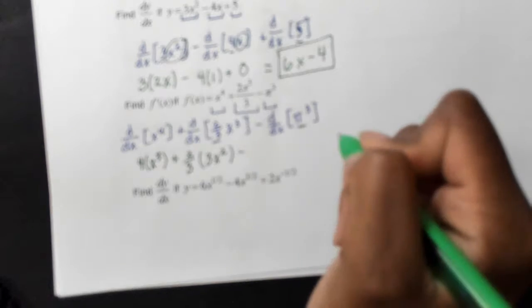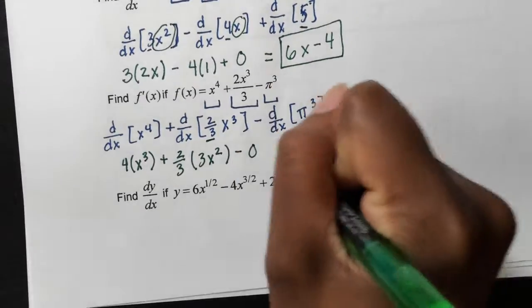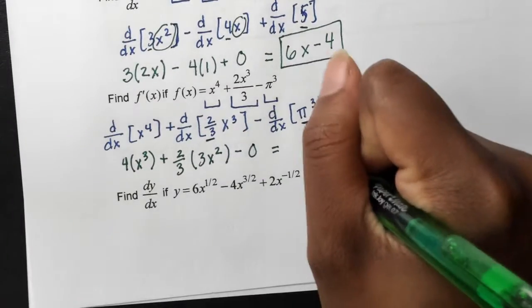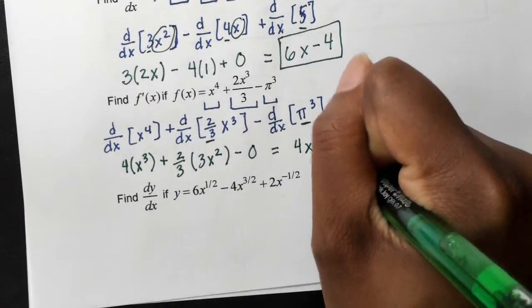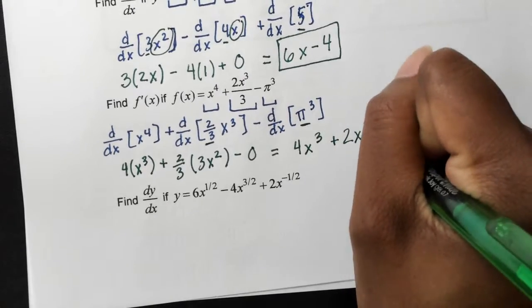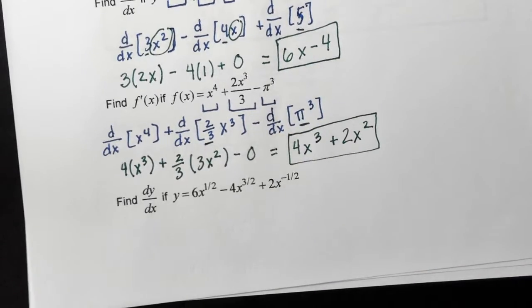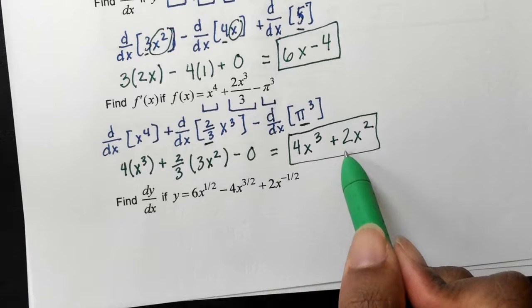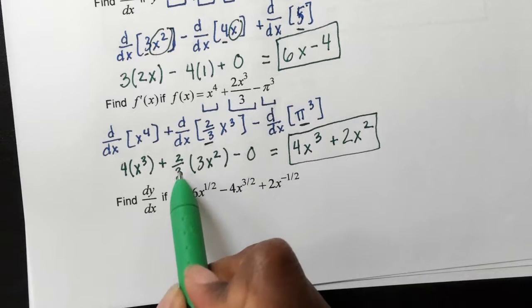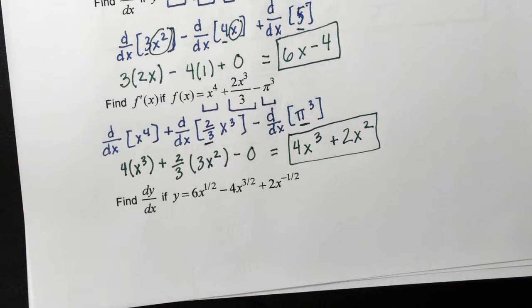Pi cubed might not look like a constant, but it is a constant. And the derivative of a constant we know is 0. So we have 4x cubed plus 2x squared is the derivative of f of x. If you're wondering how I got 2x squared, 2/3 times 3, the 3's will cancel and we're just left with the 2.